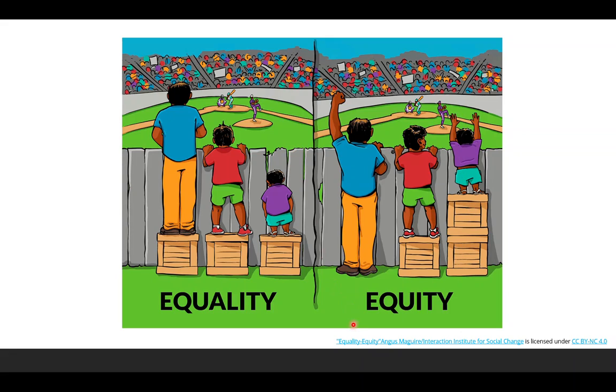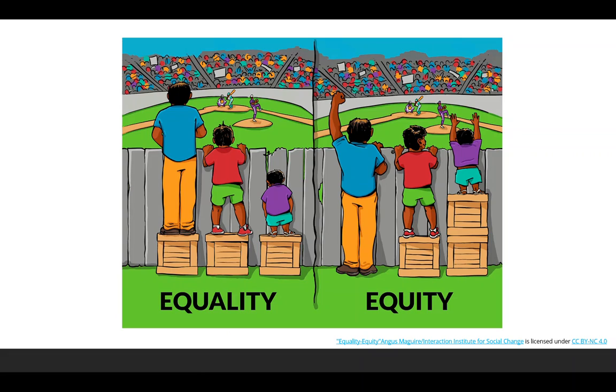This image is actually criticized sometimes because it's a deficit perspective on equity. The reason these characters here need a boost is because of something wrong with them. They're shorter. When really, maybe what's wrong is not with them, it's that this fence was built for this person here.